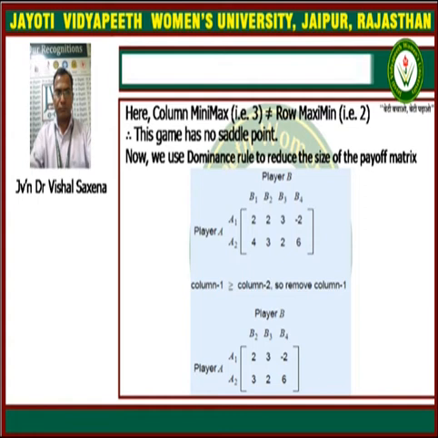As we can observe, the first column is greater than or equal to column 2 in every row, and therefore the first column is dominated by the second column.